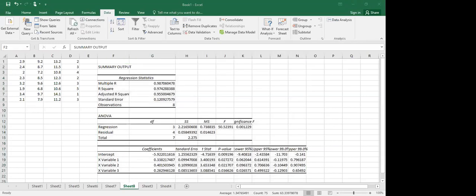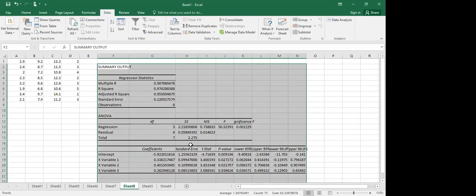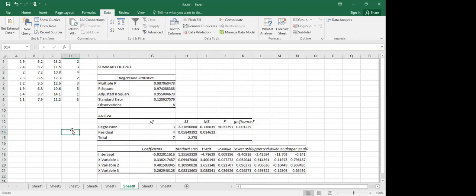And then the third question was, what is the regression line? Here, the intercept is minus 5.92. Do you see it here? Yes.